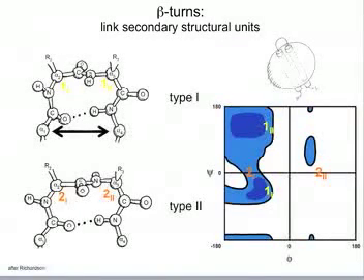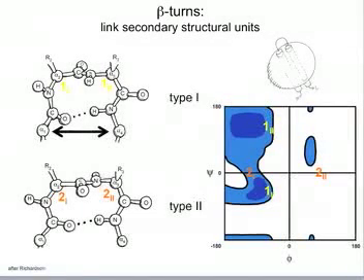Here's another cartoon that I like to draw. Here's, say, a globular soluble protein. There's a couple of alpha helices traversing this sphere, and we see that at the surface of the molecule, we can execute a beta turn and completely reorient the trajectory of the chain so that now it's going back through the sphere of the protein again.